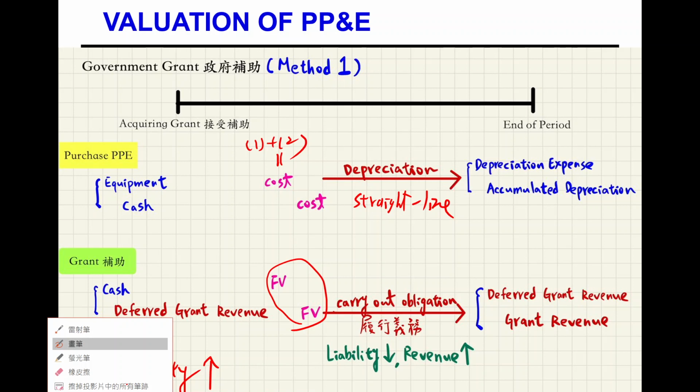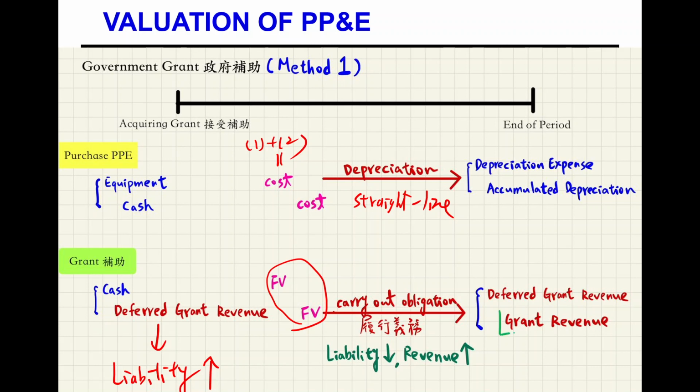After you do your job, liability decreases, at the same time you earn your revenues. And this revenue is about grant, so we call it grant revenue. We use grant revenue to compensate your expenses.